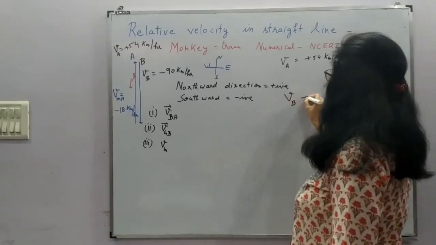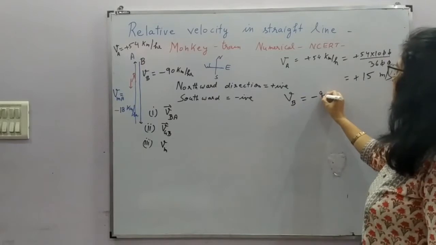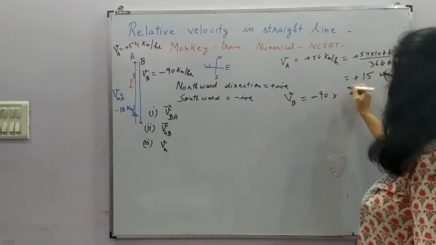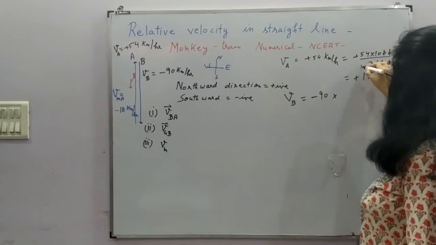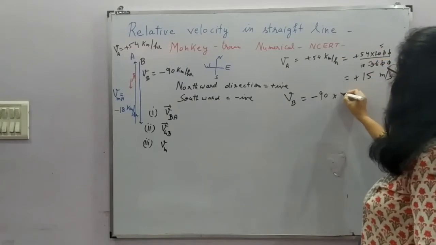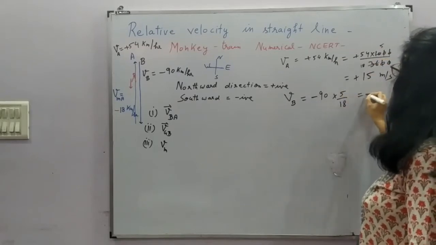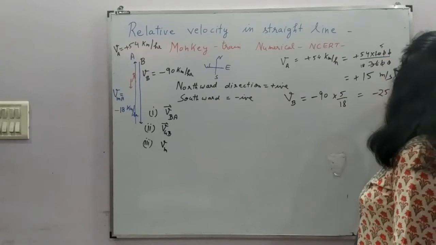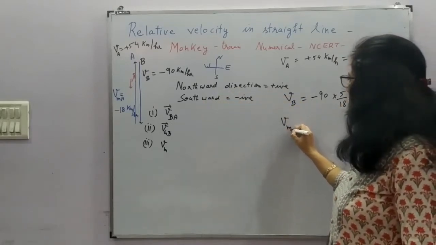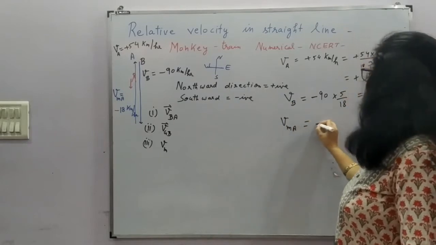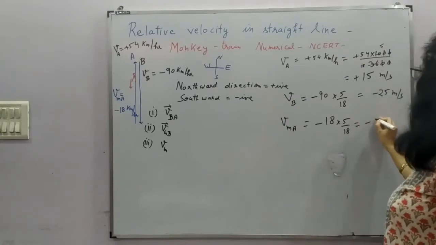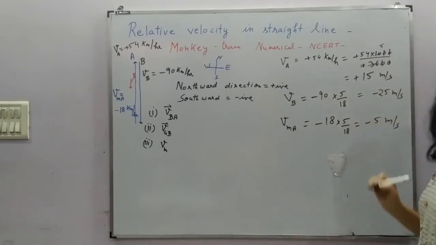Similarly, we can calculate VB. This is minus 90. We can directly do this 5 by 18. So this is minus 25 meter per second. If we look at the velocity of monkey with respect to train A, so this will be minus 18 into 5 by 18. So this gives us minus 5 meter per second.